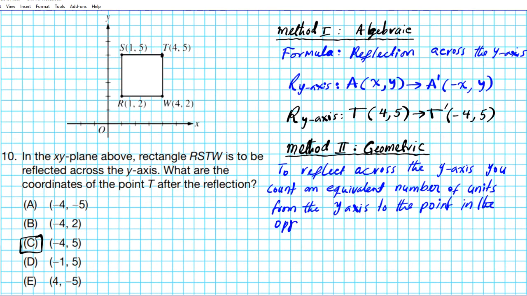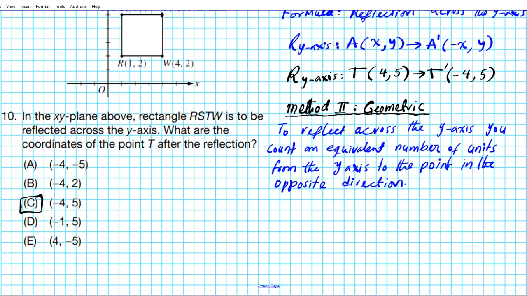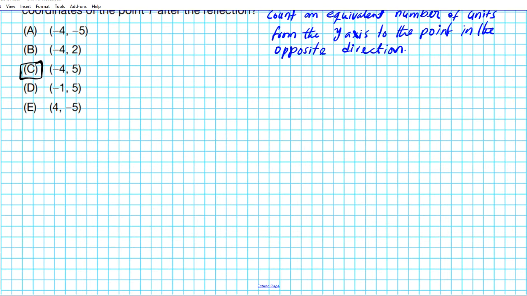So what does opposite direction mean? If your point is located to the left, guess what? You're going to go to the right. If your point is located to the right, you're going to go to the left. All right? So let's go ahead and see what that looks like in this problem.